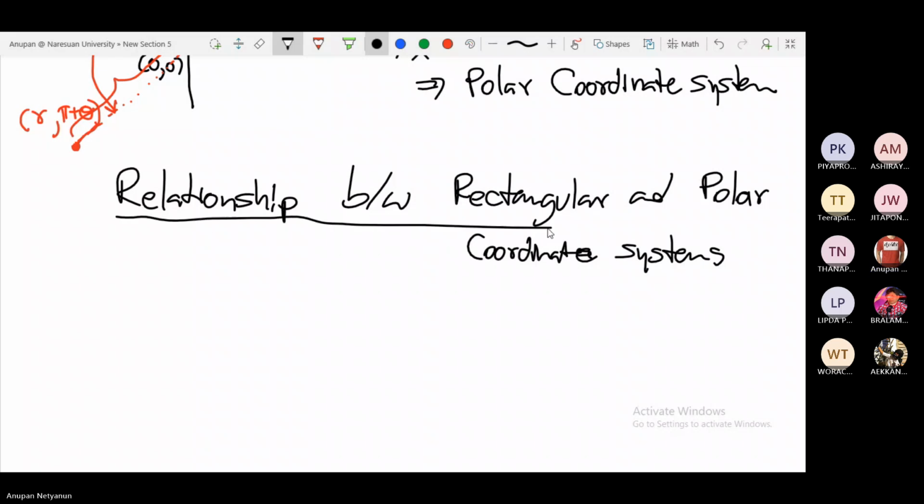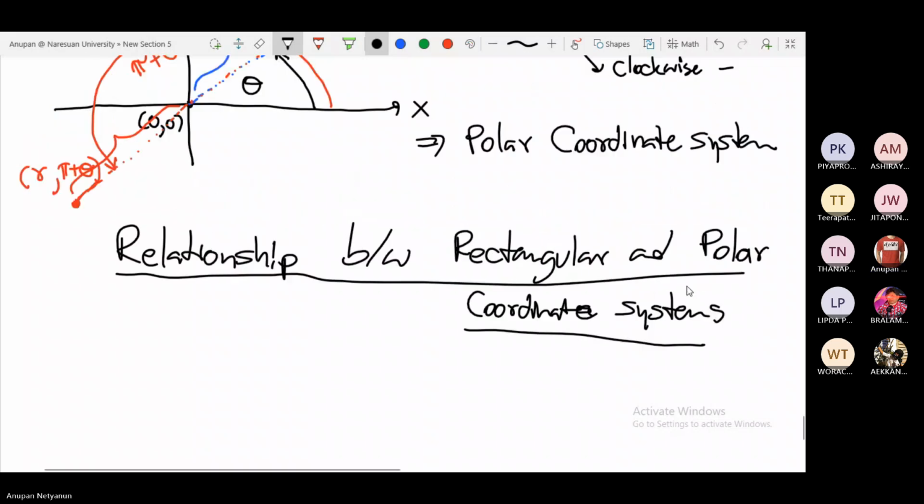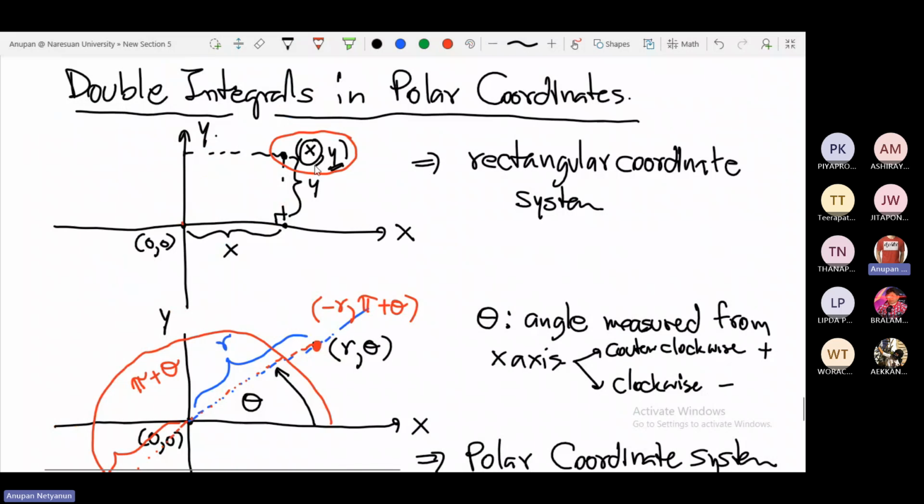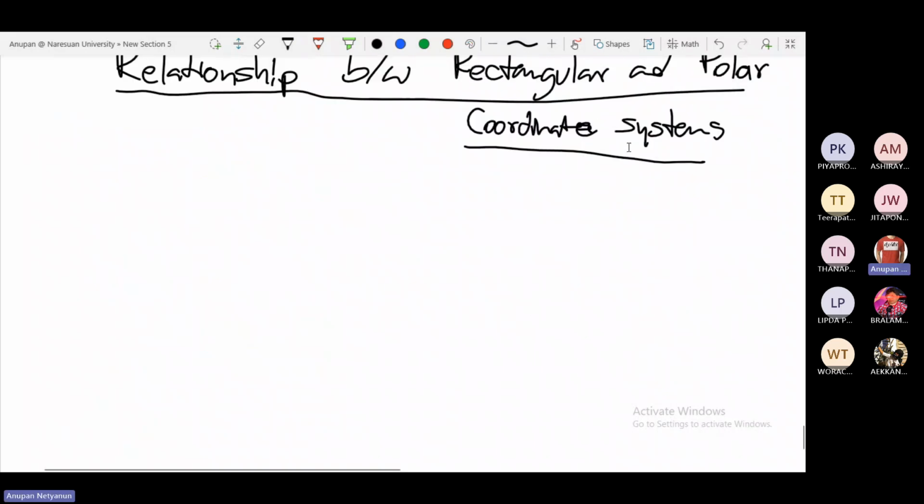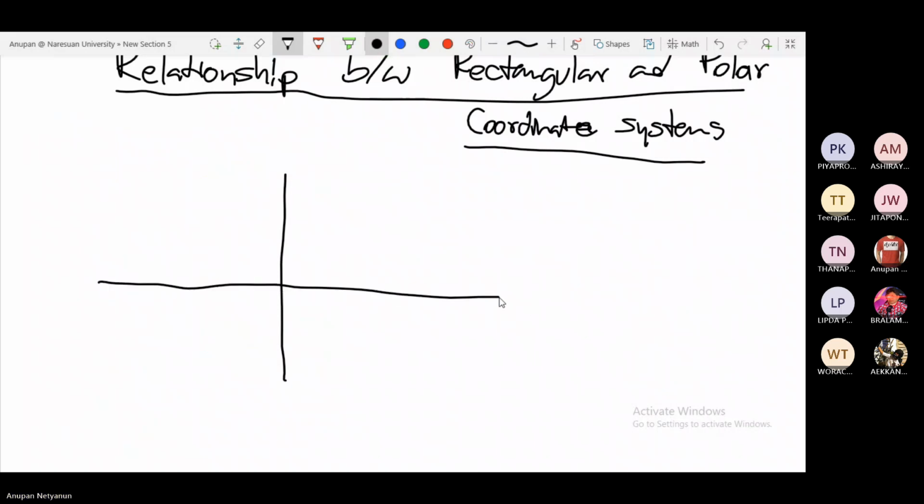Since they define the same point, right, then there should be a relationship between x and y and r and theta. Okay. So I'm going to put everything in one picture, which is in rectangular coordinate system. Let me call this x and y, same thing.